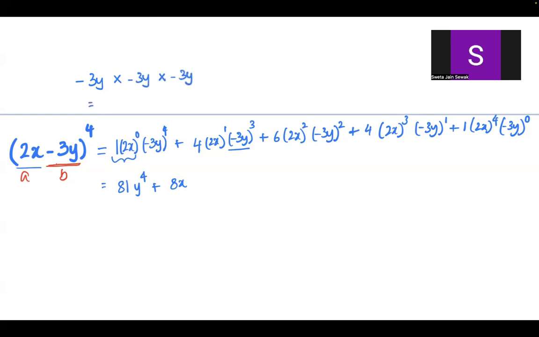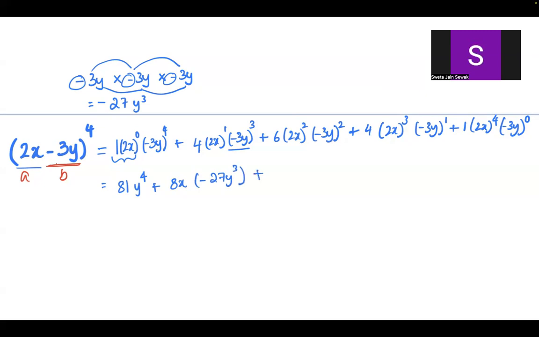So everything becomes 3 times 3 times 3 is 27. Y times y times y is y cube. And we have negative times negative is positive, and positive times negative is negative. So the whole thing is negative 27y cube.